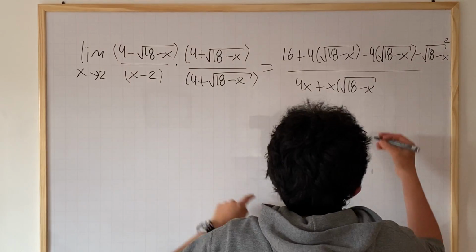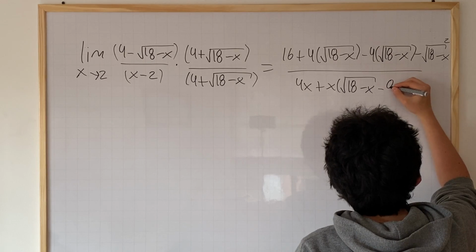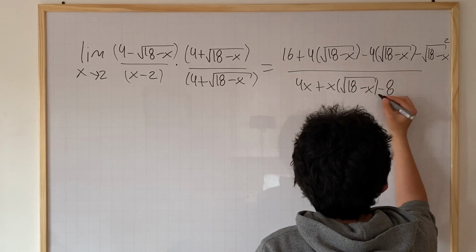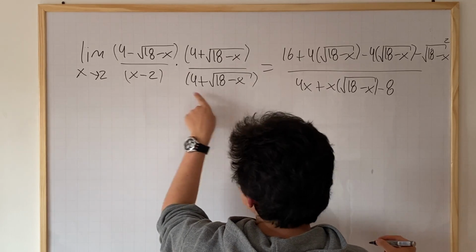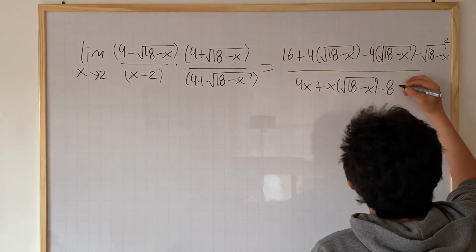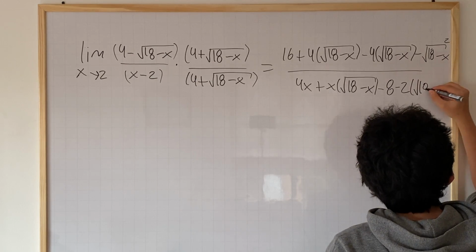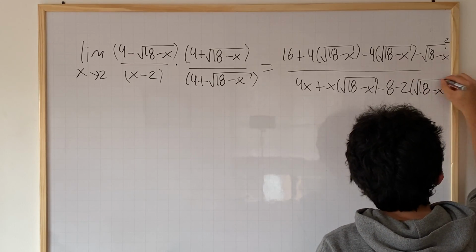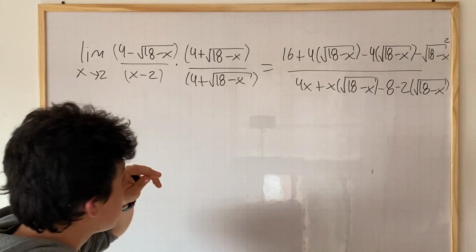Minus 2 times 4. So we have minus 8 in another, let me close it here. Minus 2 times the square root. So we would get minus 2 times the square root of 18 minus x, okay? So this is a lot of algebra and we need to simplify that.